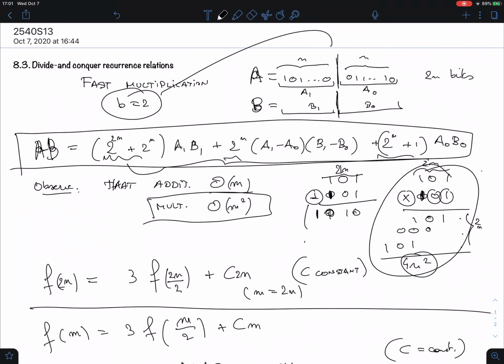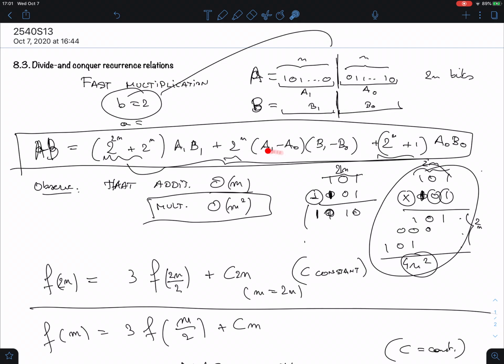Okay, now what is little a? How many times do we carry out the smaller algorithm? In other words, how many times are we multiplying numbers of bit size n? Well, as I said, 1, 2, 3 times.